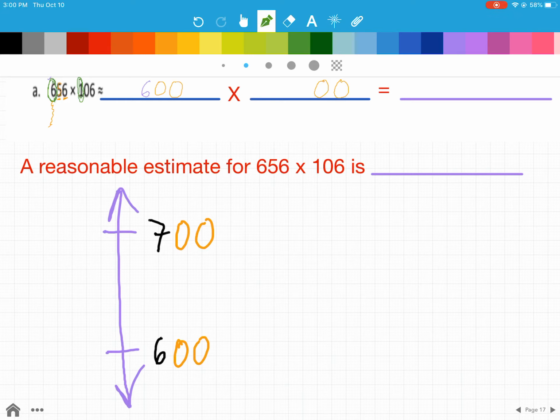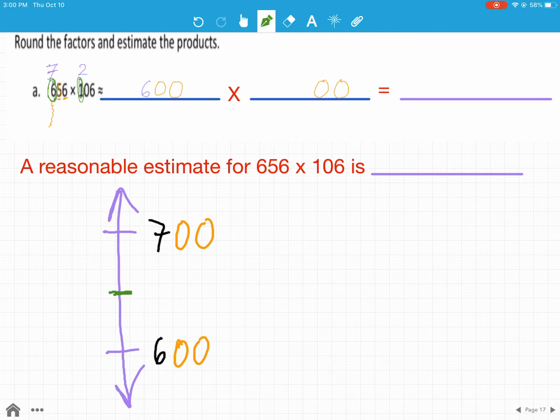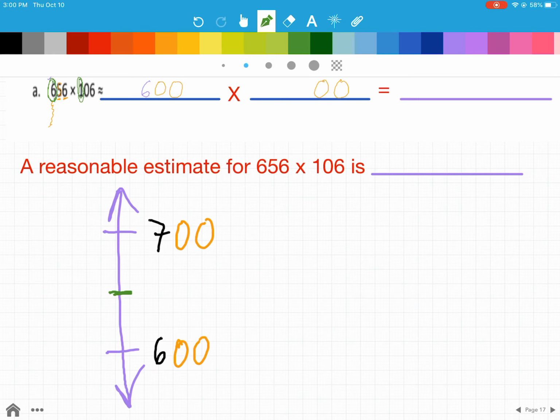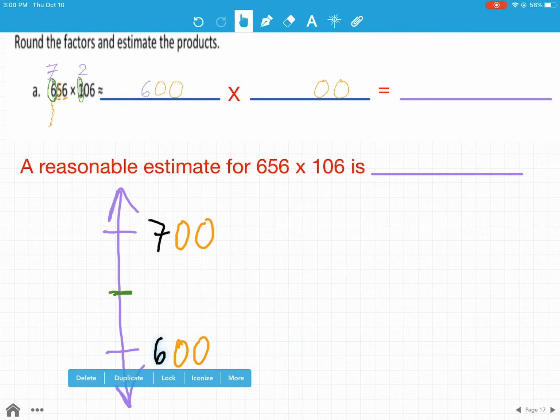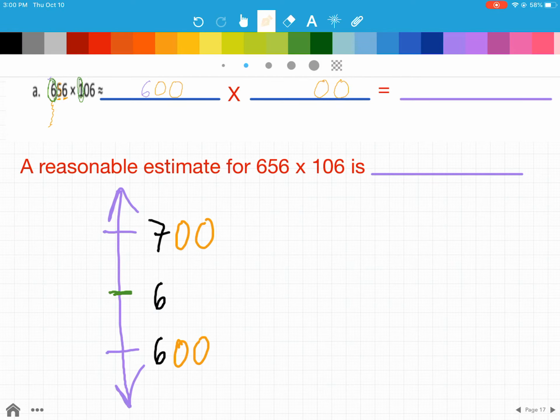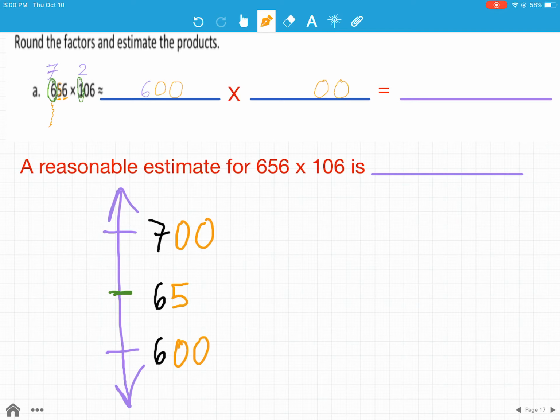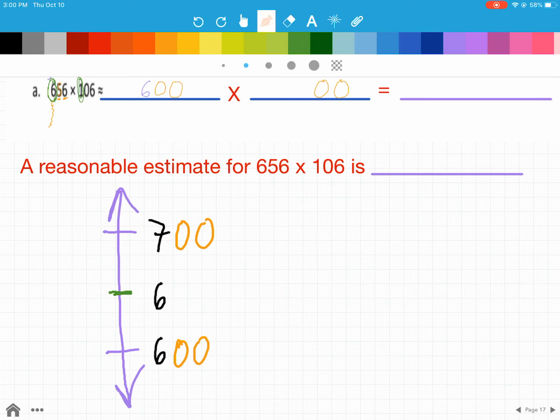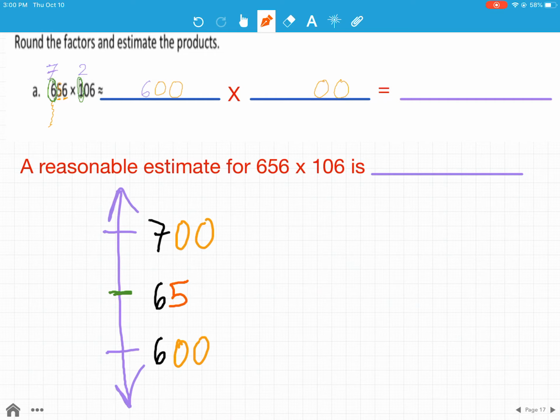Then our midpoint is going to be our 6, or our bottom one. Then we are going to change it into a 5, and then we keep the 0 at the end.